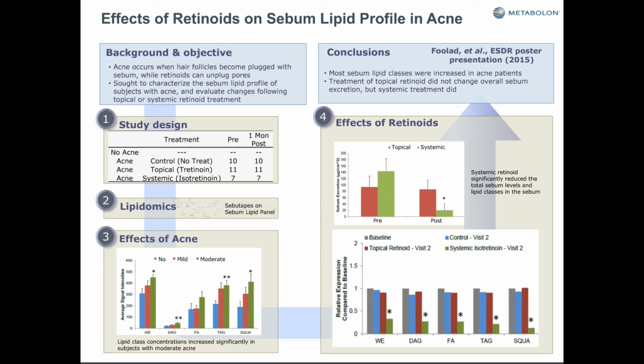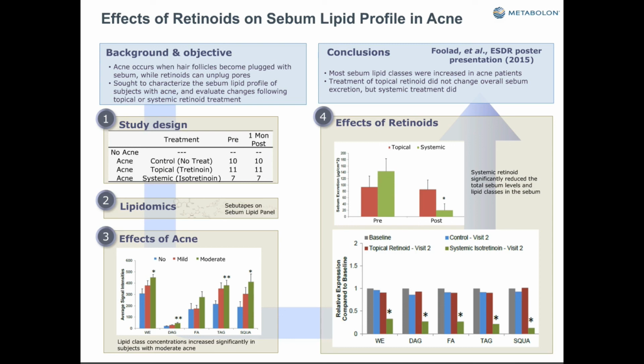They found that people who have moderate acne have elevated fatty lipid composition, including wax ester, DAG, TAG, and squalene, compared to individuals who do not have acne. This is consistent with the literature that individuals who have acne tend to have more sebum production.